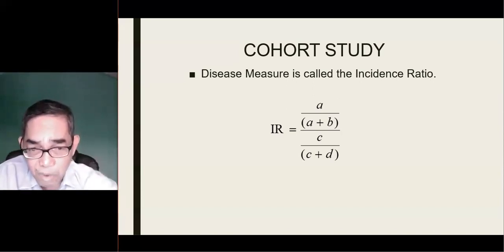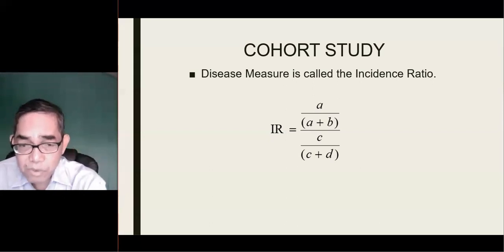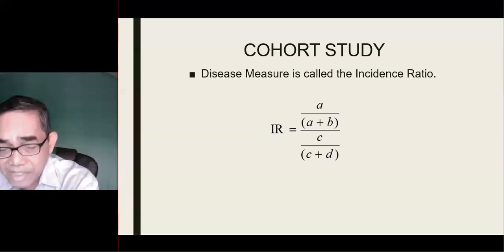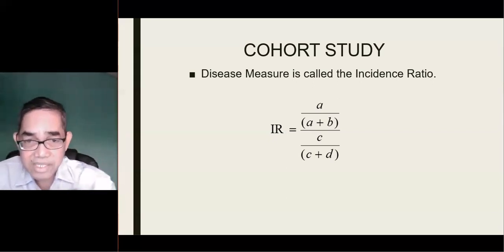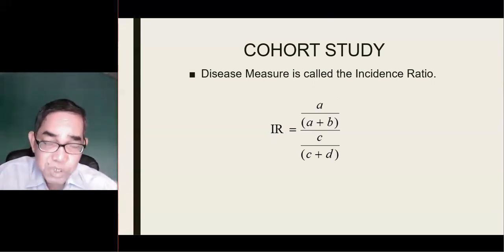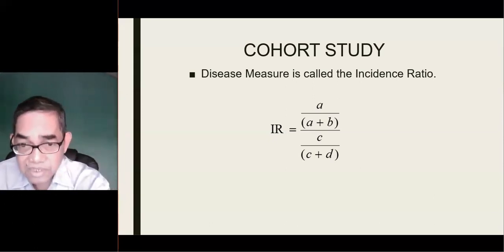Either they are exposed or unexposed, and then we follow them up for a period of time. Who among the exposed will develop the disease? Who among the unexposed will develop the disease? And in a cohort study, you can be sure that the exposure precedes the disease.